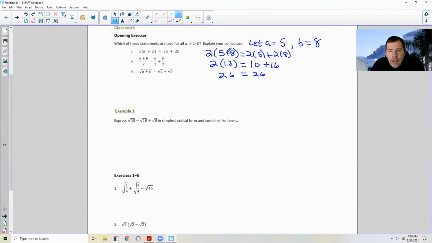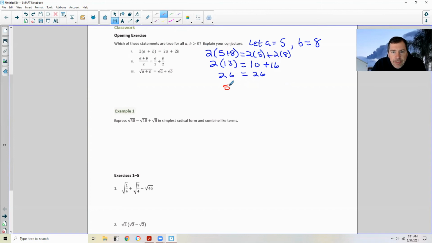Now, just picking 2 numbers and substituting in does not prove anything. I would have to find a counterexample to disprove it, or another means to prove it more mathematically, but we won't go there. Now let's do number 2. So we have (A plus B) over 2, and A is 5 and B is 8.